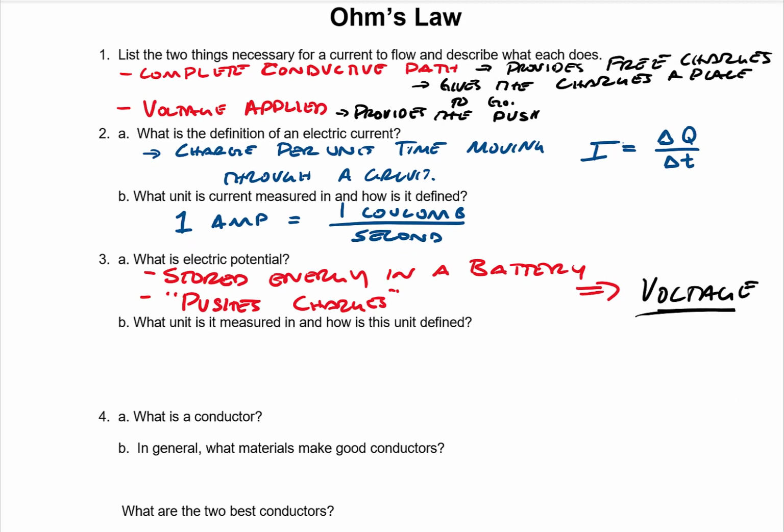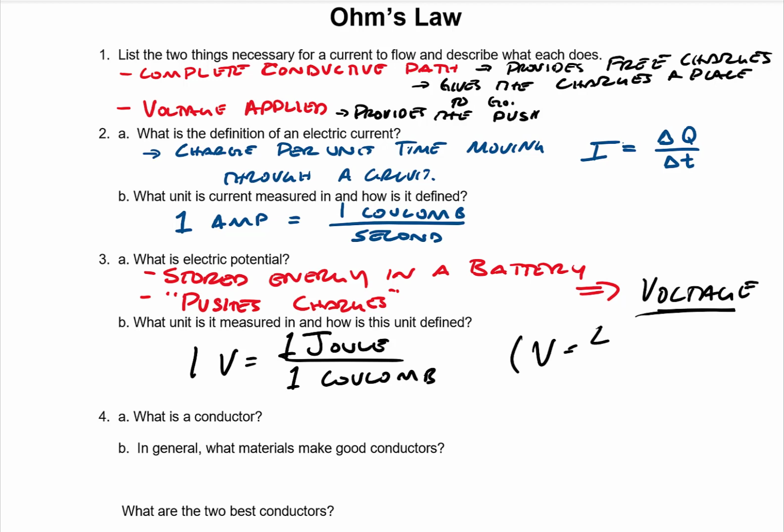That's what electric potential is. 1 volt, since it's stored electrical energy, is 1 joule per 1 coulomb. Voltage is energy per unit charge. That's how we calculate that.